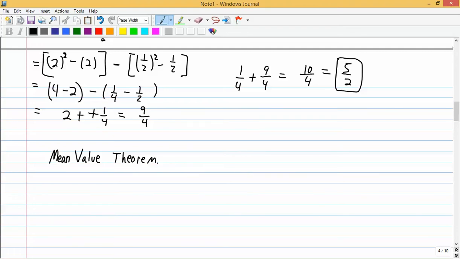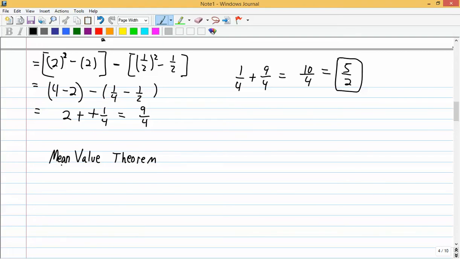Somewhere between those two rectangles in that same position, there's a rectangle that would give you the exact area under the curve. That's what the mean value theorem for integrals is in words.